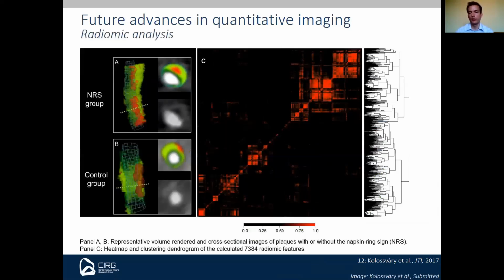On this heat map, you can see that there are distinct clusters where each parameter is very much correlated with each other, but not correlated with other ones. This means that these parameters hold information that is unique to them and does not correlate with other ones. And these results allude that radiomic analysis might hold valuable information regarding new imaging biomarkers for the future.